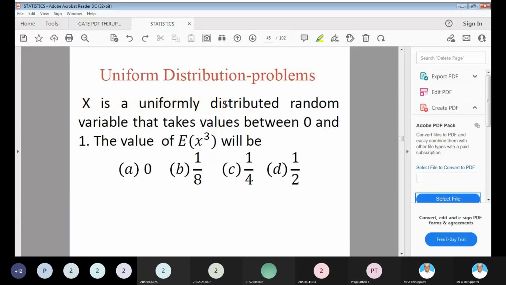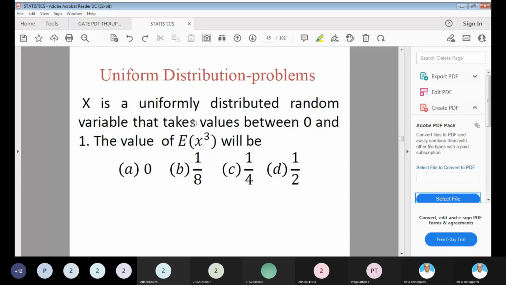E of x cube is nothing but the integral of x cube into f of x dx. What is the limit? 0 to 1.